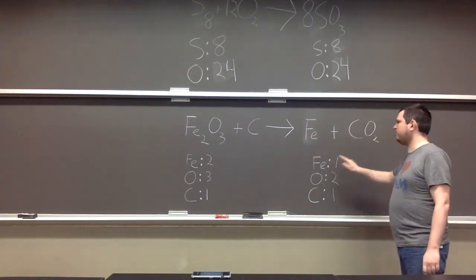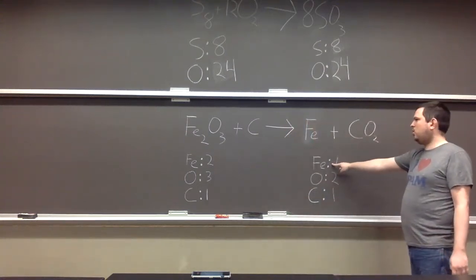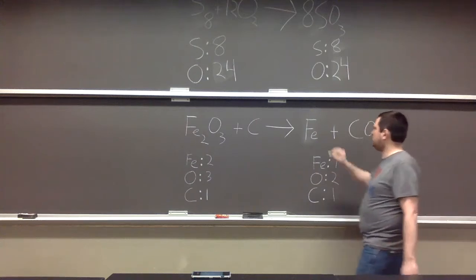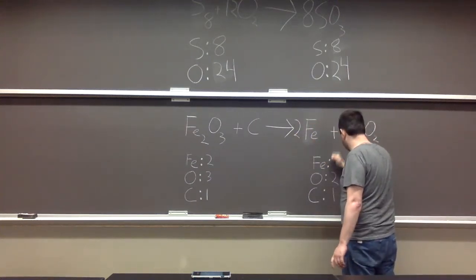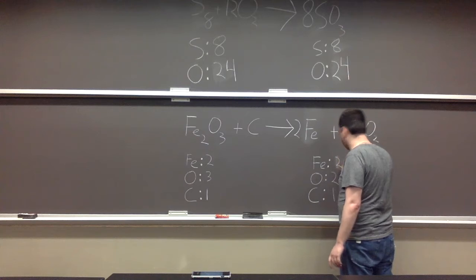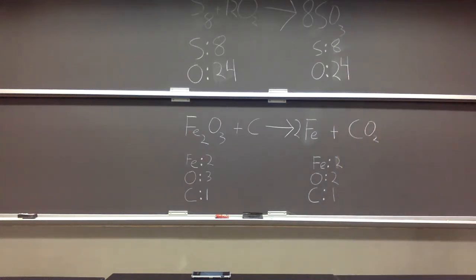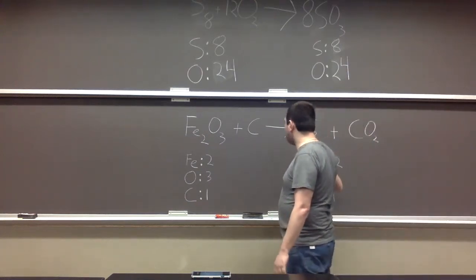Let's start with our irons. We have 2 over here and 1 over here. Easiest, 2. Our irons are balanced. Our carbons are balanced. We need to get our oxygens balanced now. 2 and 3.